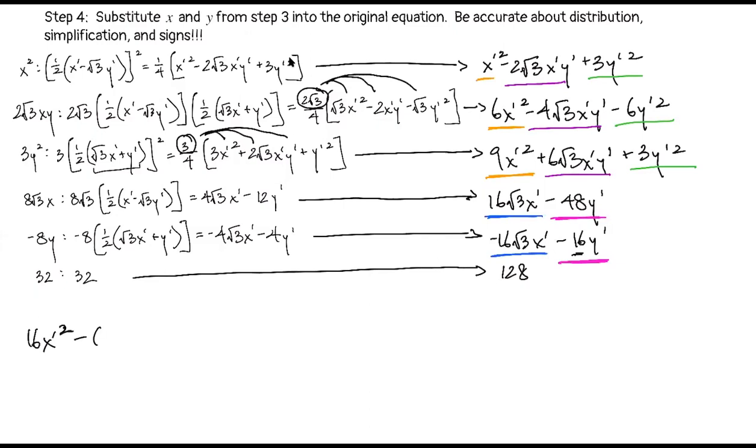So minus 64 y prime. And then don't forget about the constant, your 128. So we've got a plus 128. And all of that equals 0. Okay?